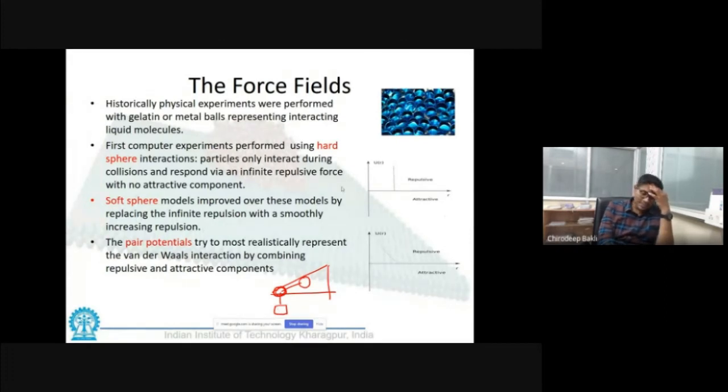How is this interaction being modeled? Very initially, when people did not have sufficient computational tools or sufficient understanding of the molecular structure, they did model molecules as hard sphere models. Very similar to interaction between, say, two tennis balls or two deuce balls.